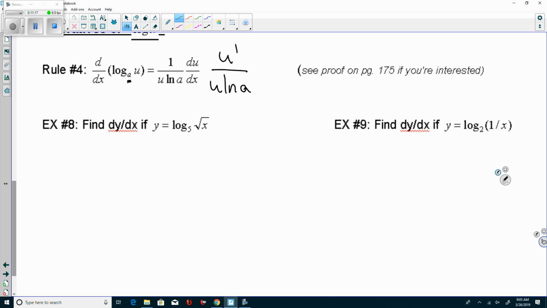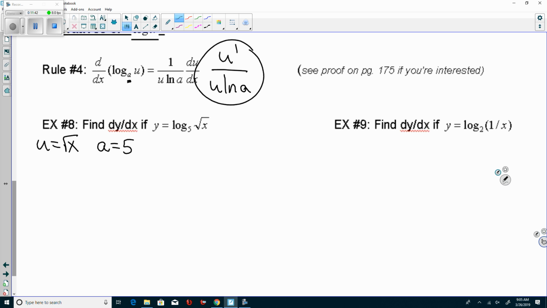Okay, so what we want to do here is identify what your u is and what your a is. My u will be the square root of x. My a will be 5. Identify those so you know where to plug them in. Now you can see here that you need a u prime.